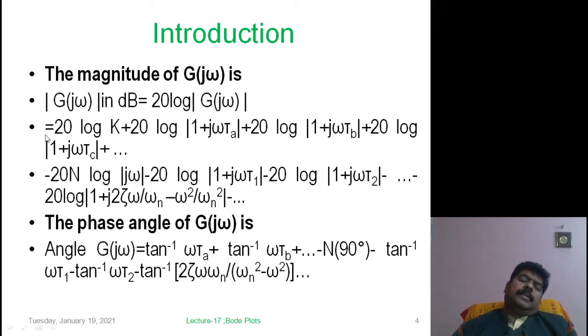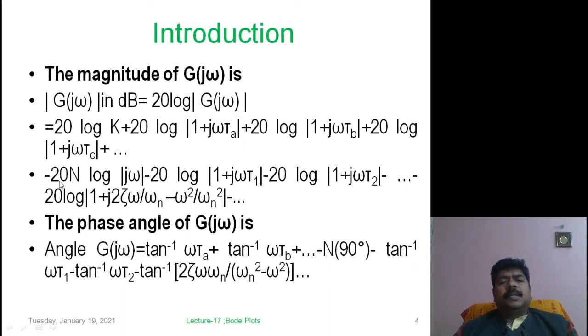the transfer function as 20 log K plus 20 log magnitude of 1 plus jωTa plus 20 log magnitude of 1 plus jωTb, and this can continue up to the number of roots in the numerator.